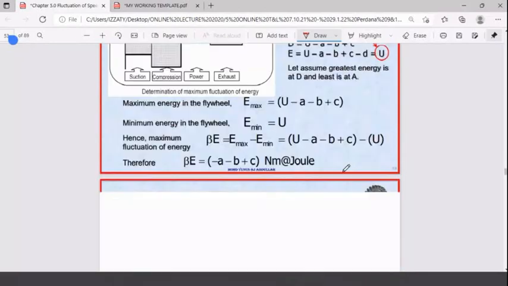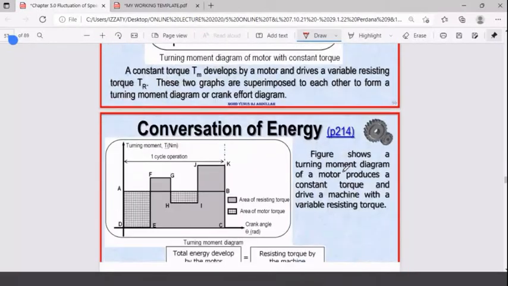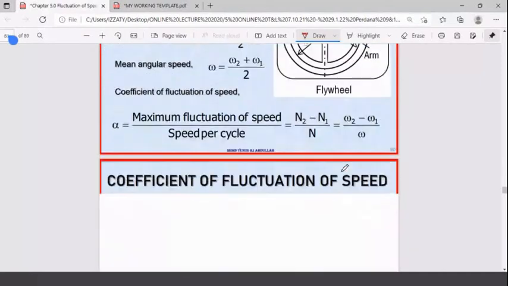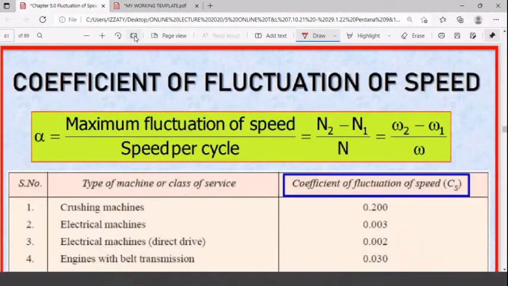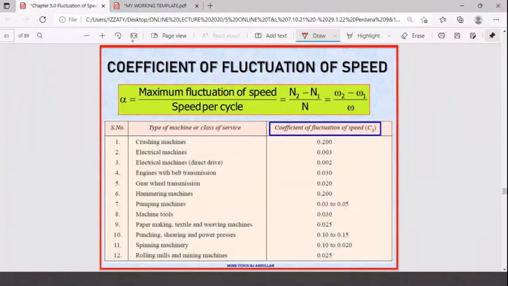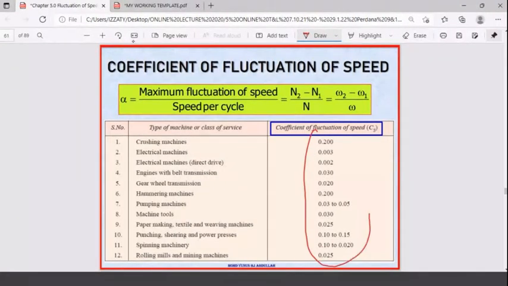And I also provide, if you go further on in your notes, you'll be getting the other one, coefficient of fluctuation of speed. So you will look into what type of machine, and so on and so forth. Of course, when you buy a very big machine, the manufacturer or the vendor will provide you all the specification. So in the specification book, you found all this kind of information.